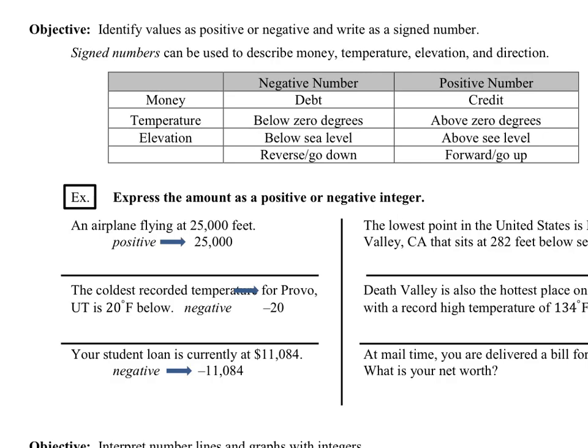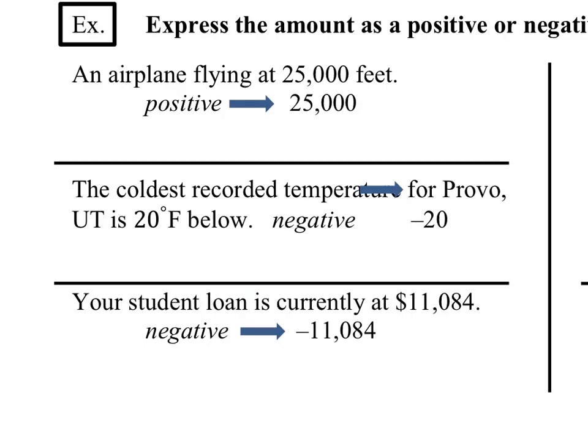So just to start out with these examples here on the left, we want to express each of these as positive or negative values. An airplane flying at 25,000 feet, since it's flying, of course it wouldn't be underground, because the ground level would be considered 0, so this has to be a positive value.